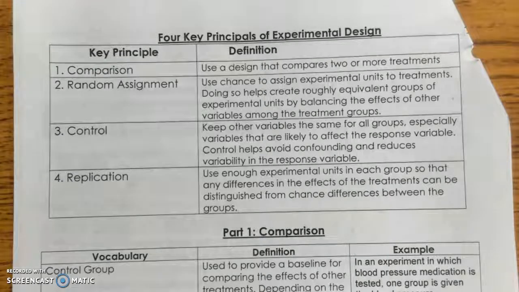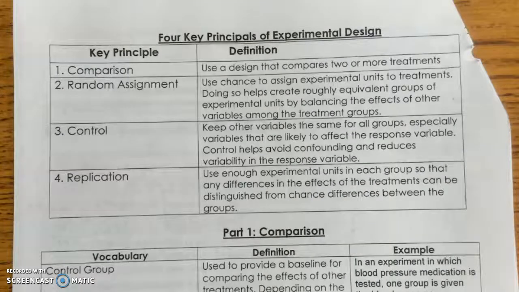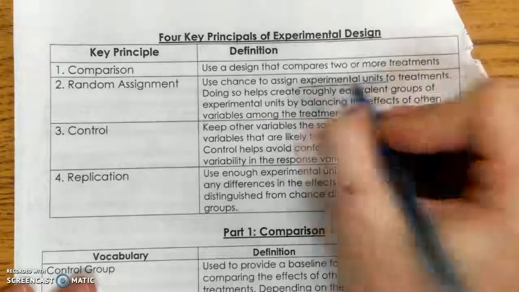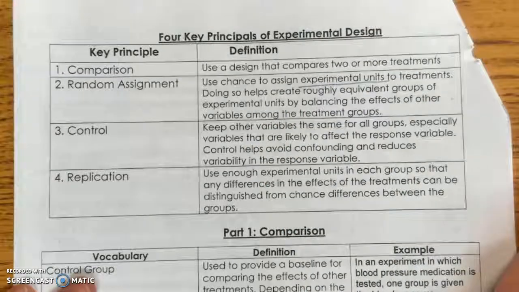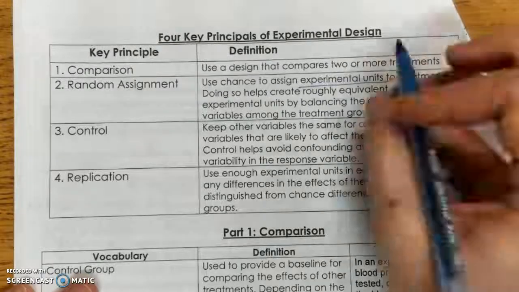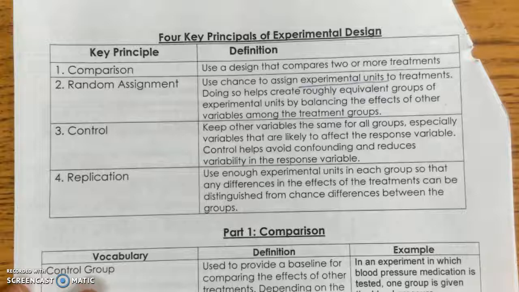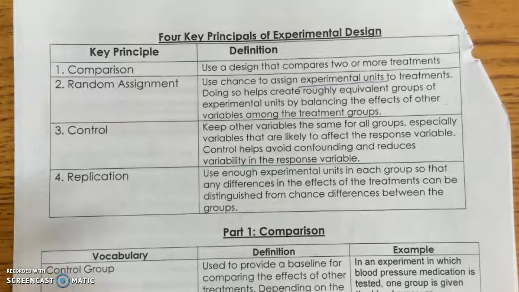All right, random assignment. You're going to use chance to assign experimental units. And what are the experimental units? In our caffeine study, it was people. We were assigning people to treatments. Doing so creates roughly equivalent groups, right? So if I have lurking variables like maybe gender, maybe caffeine has different effect on women than it does men.